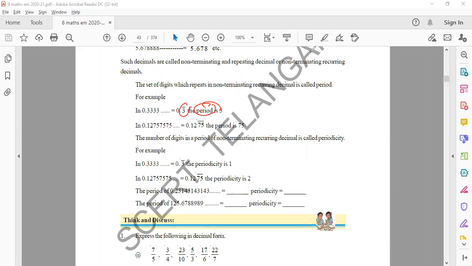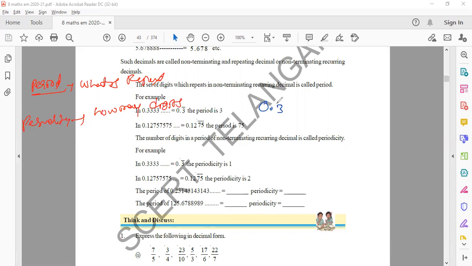Suppose I try to write an example. Period is different. Period means what is repeated. Periodicity means how many digits are repeated. Take 0.3 as an example.